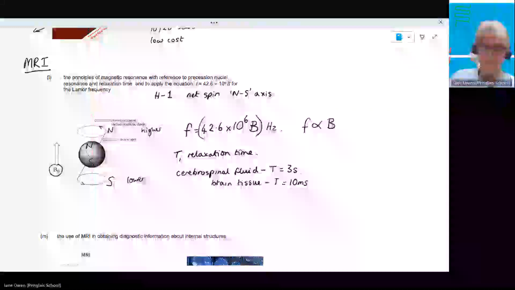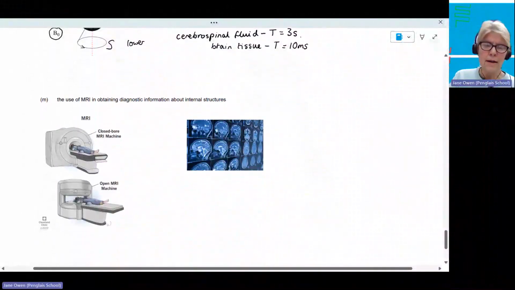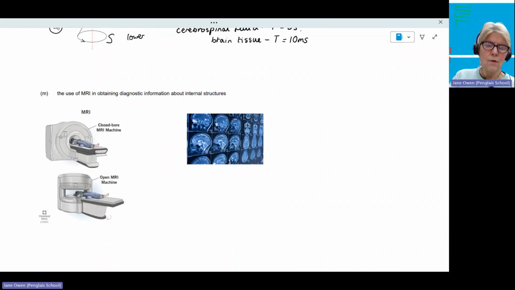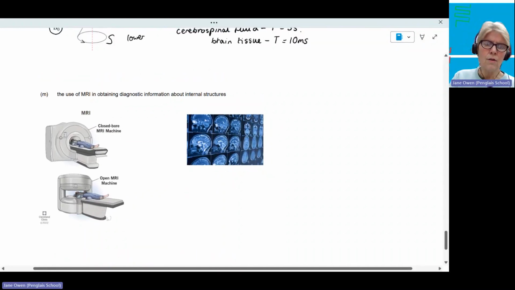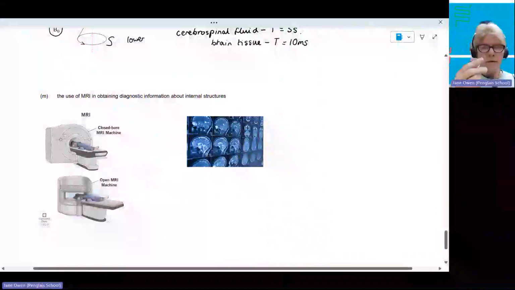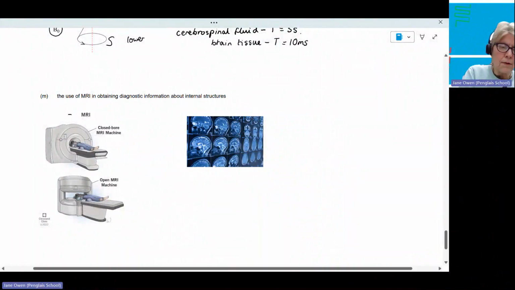Okay, so we can now use the MRI in terms of obtaining diagnostic information about the internal structures. Because we change the B field across as well as down the body, the Larmor frequency is ever so slightly different.